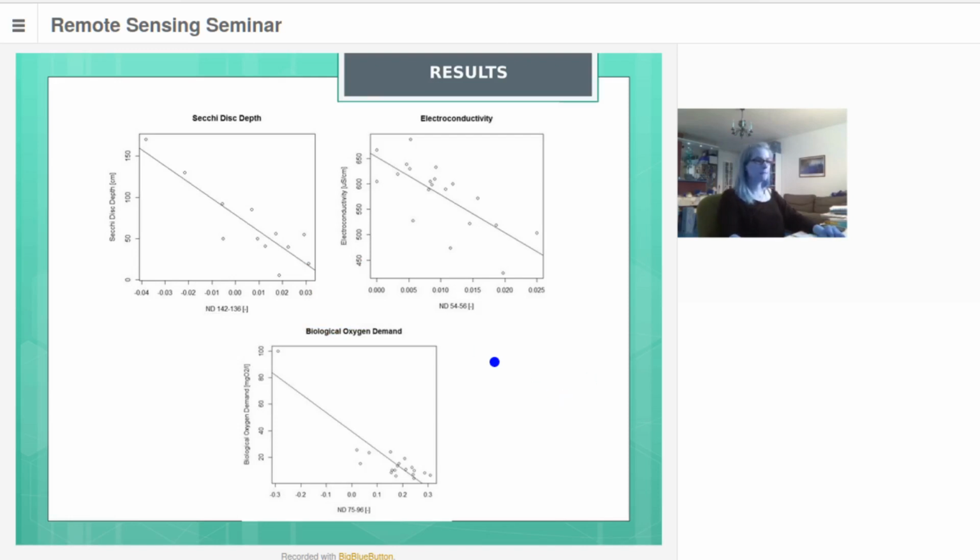And here are the graphs for Secchi disk depth, electric conductivity, and biological oxygen demand. Here is the parameter, and here is the correlation with the NDVI of two bands.